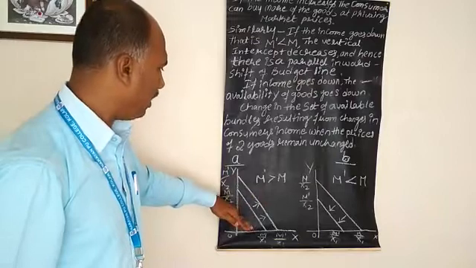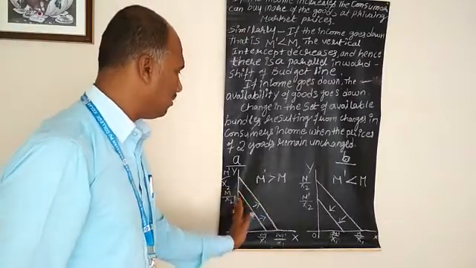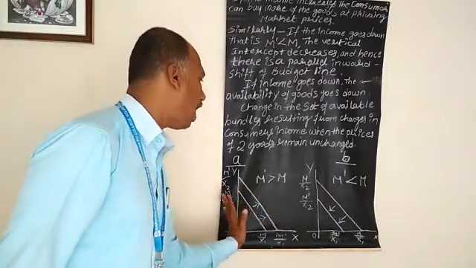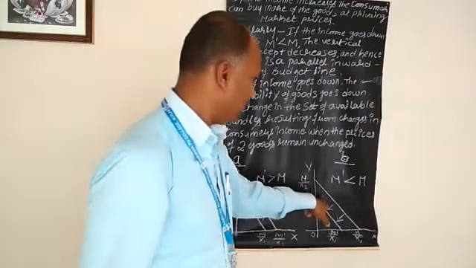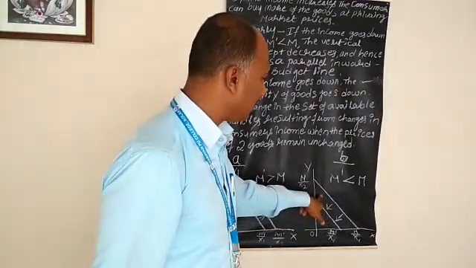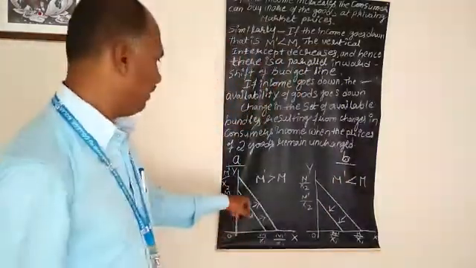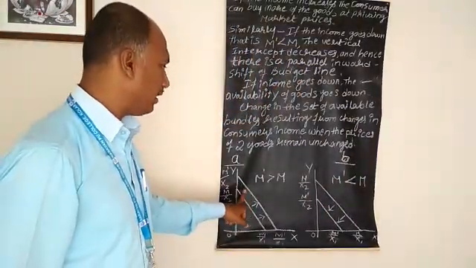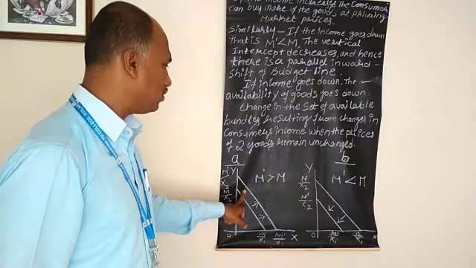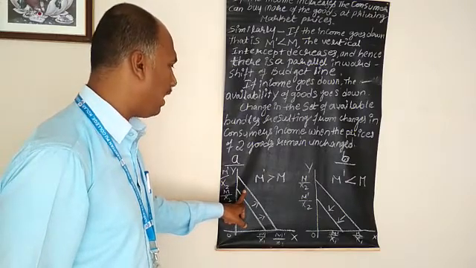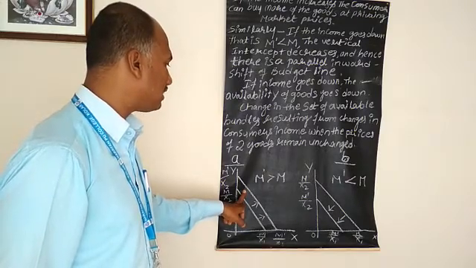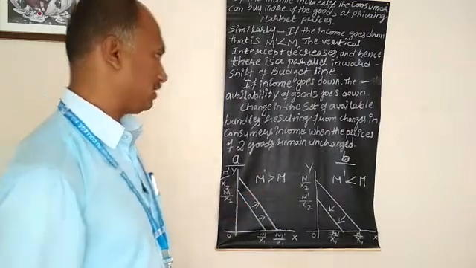In Diagram A, when the consumer's income increases, the budget line shifts outward. In Diagram B, when the consumer's income decreases, the budget line shifts inward. When income increases, the consumer can buy more goods and services at prevailing market prices.